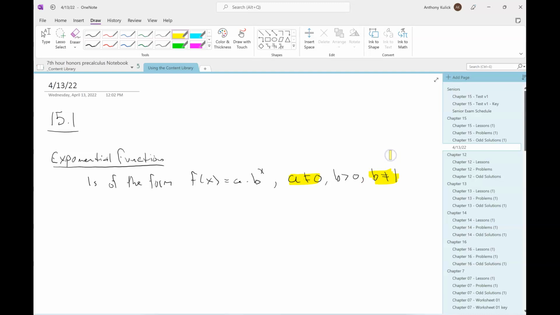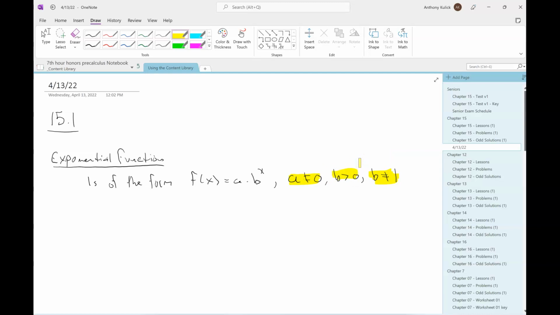What would happen if b was 1? It wouldn't be exponential, it would just be linear. Yeah, if b was 1, 1 to any power is still just 1. 1 times a is a, so you have f of x equals a, another constant function, not what we're interested in. What would happen if b is negative?